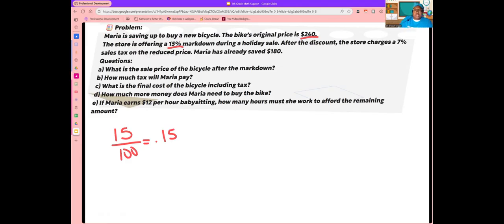Now, additionally, we can look at the opposite of this to figure out what the markdown would be. We can do this one of 2 ways.